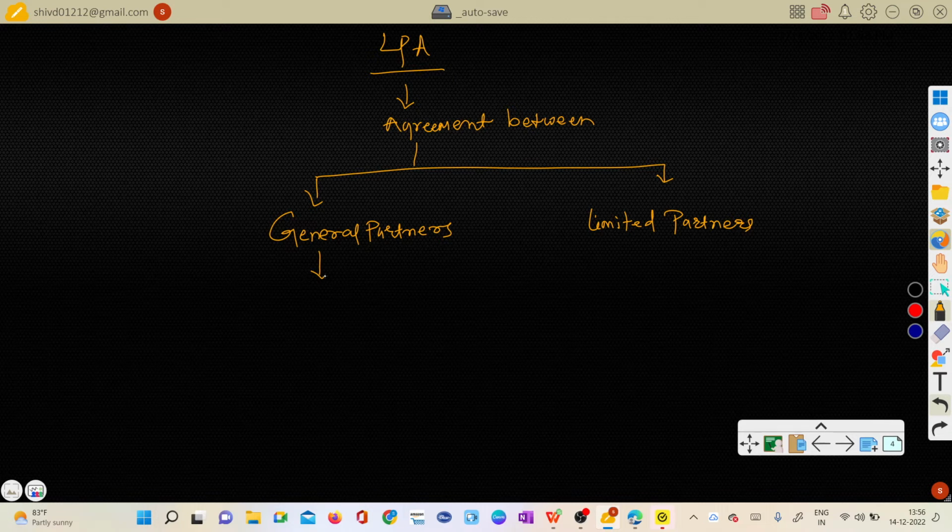General partners means the promoter of the fund, or sponsors of the fund, or in short I would say fund managers.